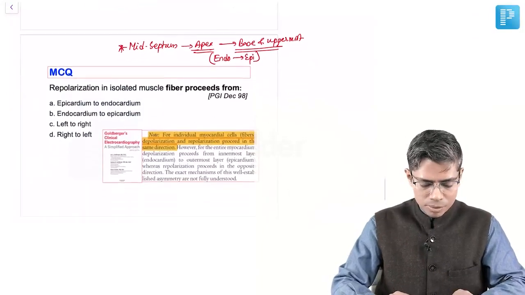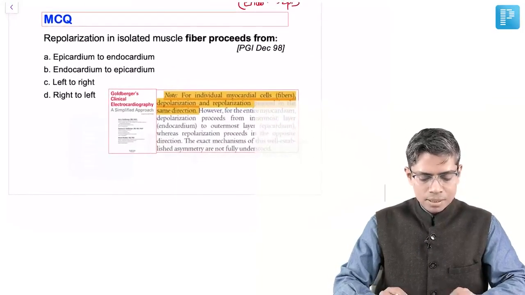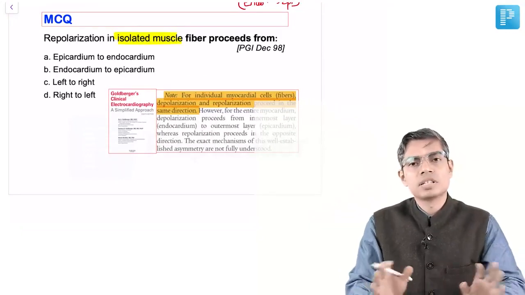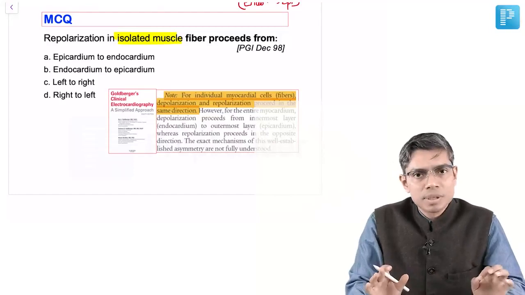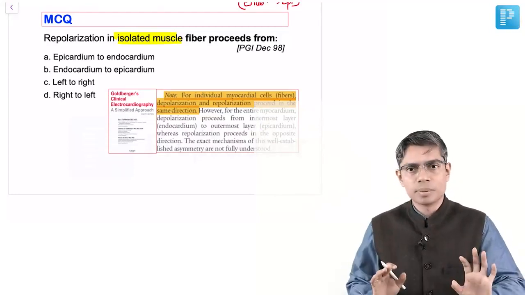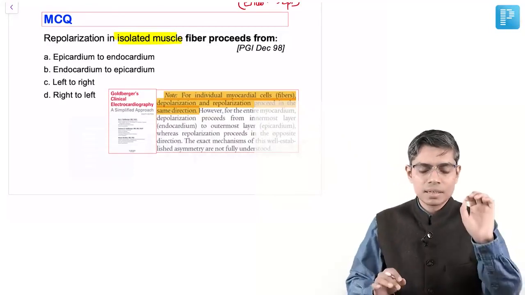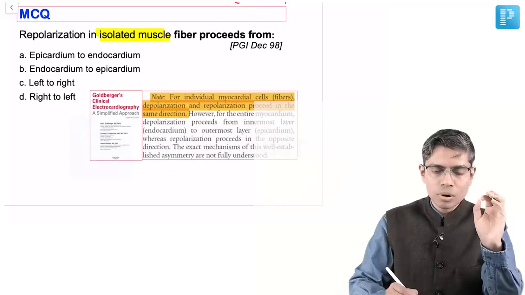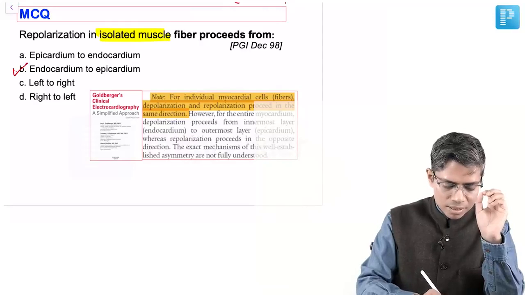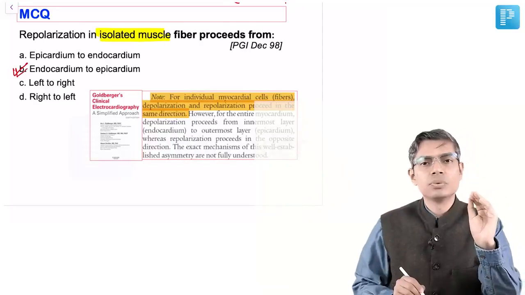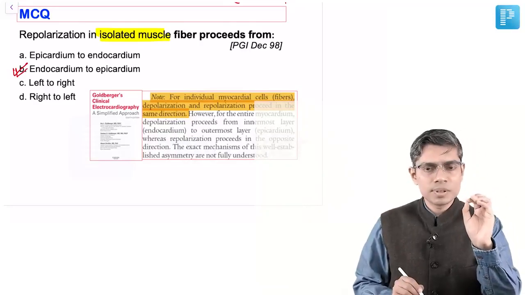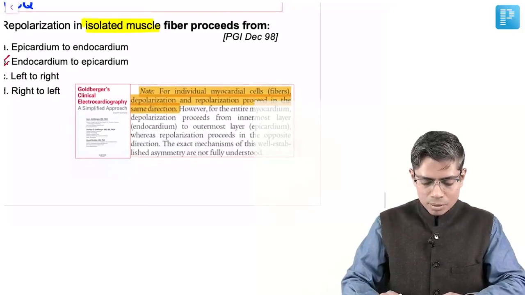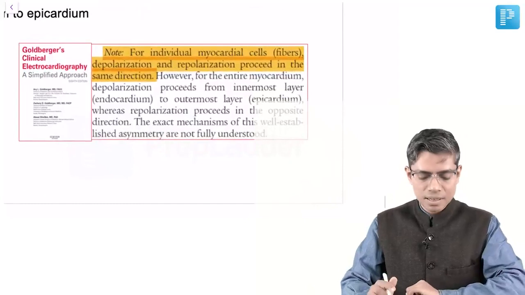But look at the question from the PGI Chandigarh paper. Repolarization of isolated muscle, and now this changes everything. Isolated muscle means which you have separated from the body. In these cases, depolarization as well as repolarization both occur in the same direction, that is from endocardium to epicardium. Now, if you ask me what is the reason, sir, the reason is not known. If you don't believe me, look at the same book that I have given the reference to earlier.